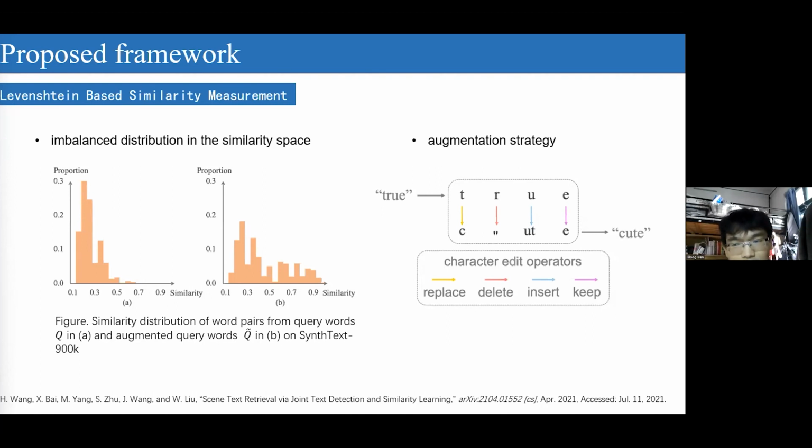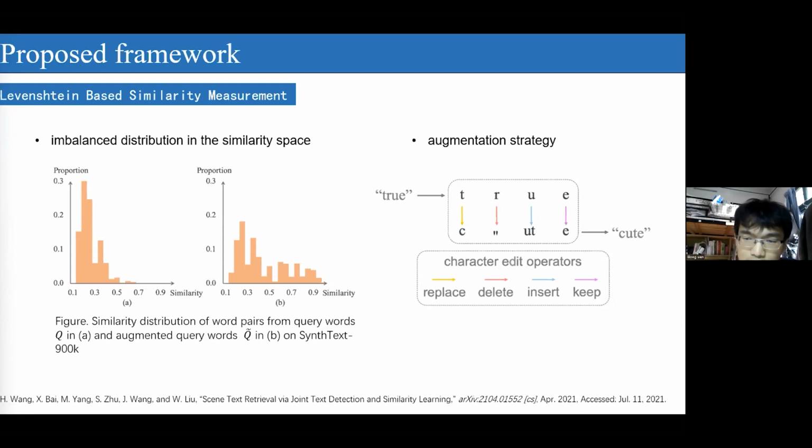To alleviate this effect, we use the same word augmentation strategy as one paper, referenced in the title below. This paper is titled "Scene Text Retrieval: Joint Text Detection and Similarity Learning." This strategy randomly generates pseudo words that are very similar to the given query words.